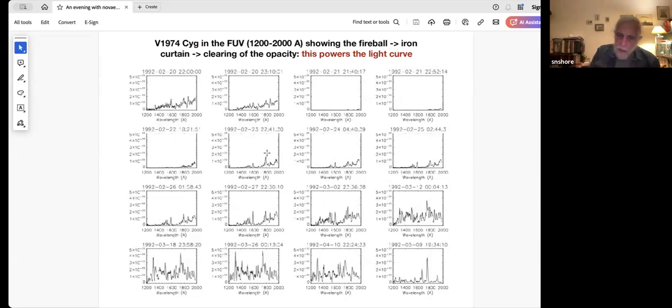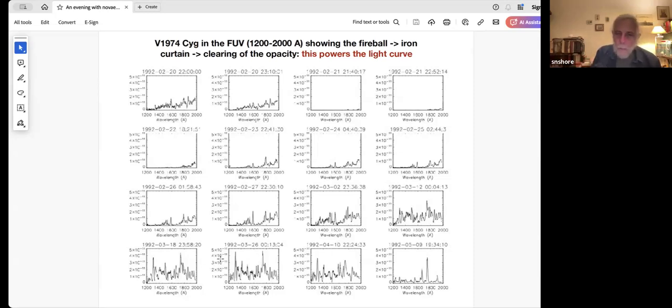And as the UV gets brighter, the optical fades. So what you see in the optical is telling you what's going on in the ultraviolet, in the same way that seeing the optical, if you know which lines to use, is telling you what's going on in the X-rays. So it all fits together.